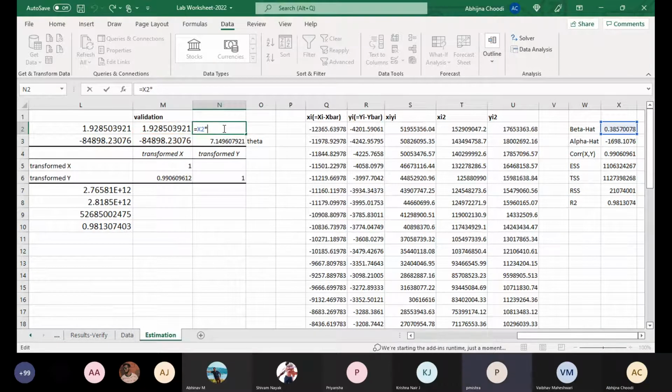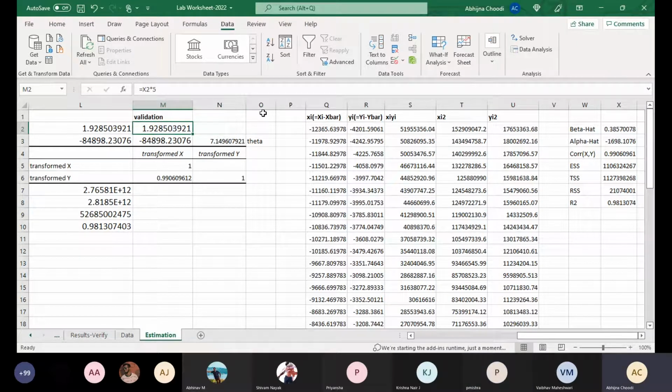Here it's x2 into 5, where x2 is the old beta hat and 5 is d by b, which is 50 by 10. But for your understanding, it would be better if you write 50 by 10, just for your future reference.